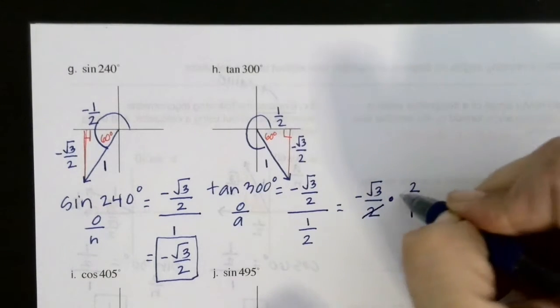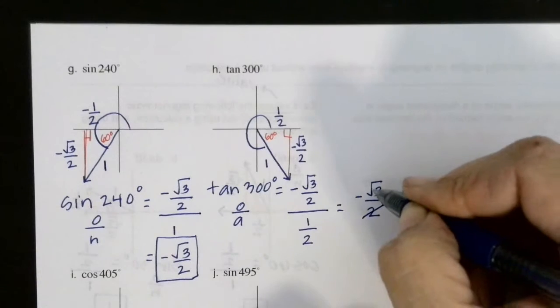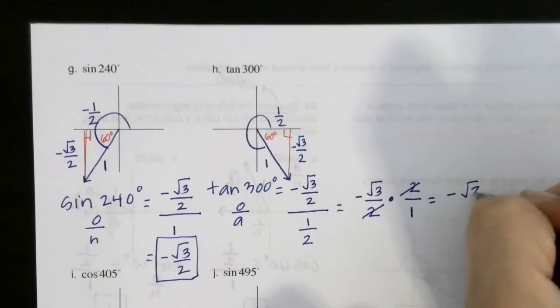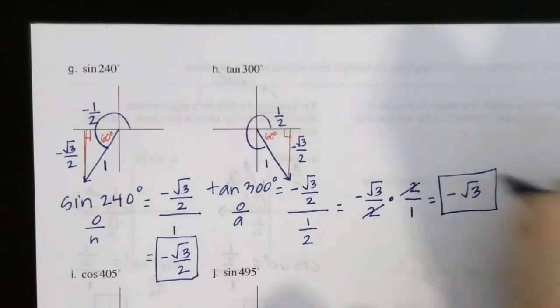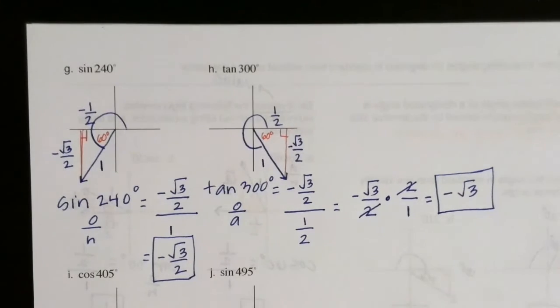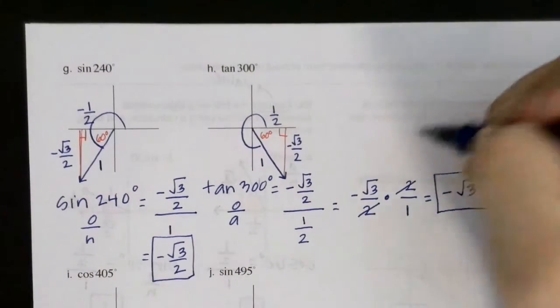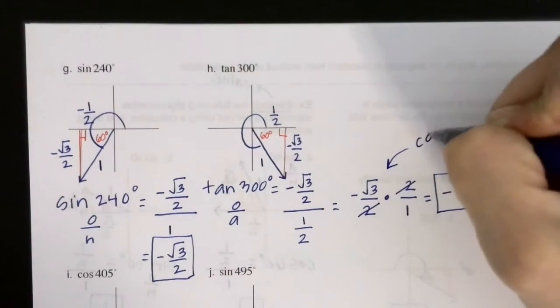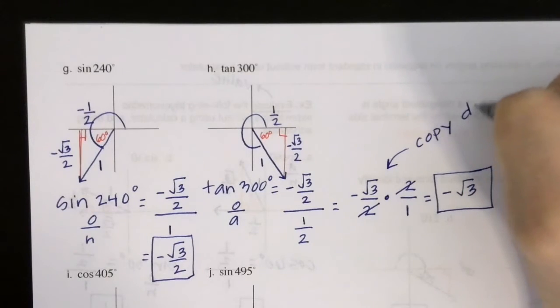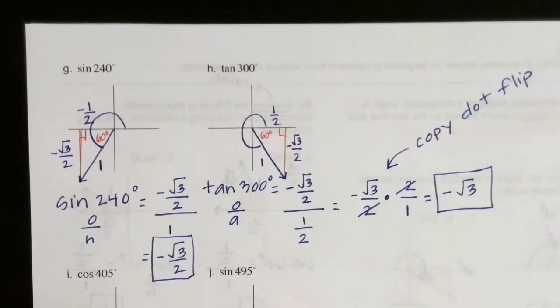And then the 2's cancel, and we get negative root 3 over 1, which is negative root 3. Okay? So just a little bit of a copy dot flip. You might want to write that on there so you know what you did. Copy, dot, flip. This is like the ownership part, like just making sure you take little notes so you can remind yourself.